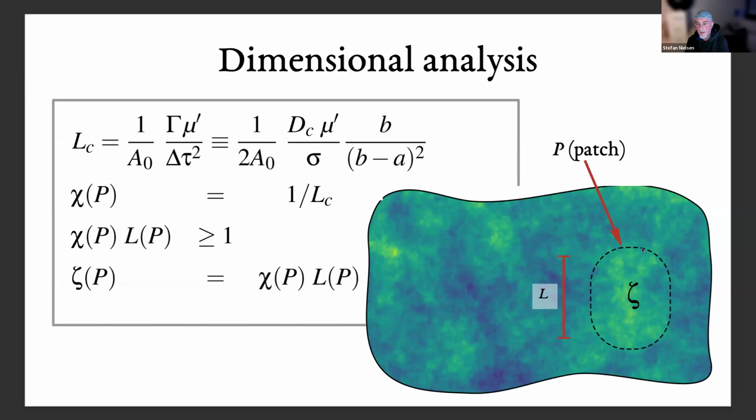So it's not only the LC I'm looking at, but the combined length of the patch and the value of the parameters inside the patch, which define 1 over LC.